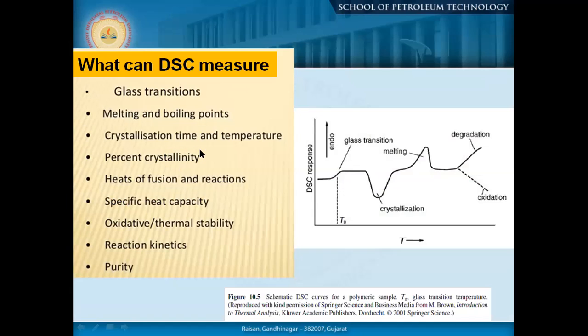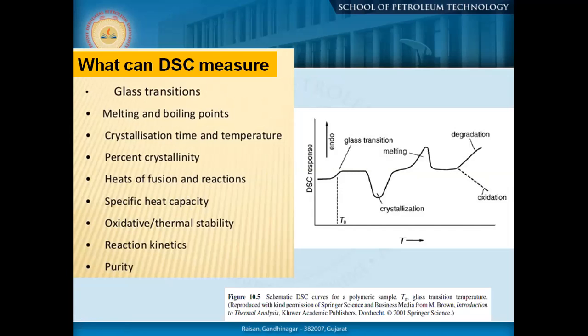It can give you an idea about crystallization time and temperature, because sometimes we increase the temperature, sometimes we keep an isothermal heating rate and measure against time. You can also understand percent crystallinity, and heats of fusion and reaction. That means whenever it is melting or fusing, we can measure that. We can also measure the specific heat capacity when a phase change occurs.